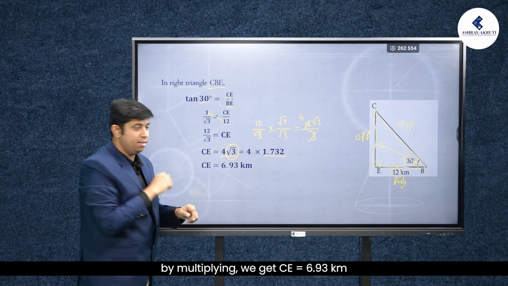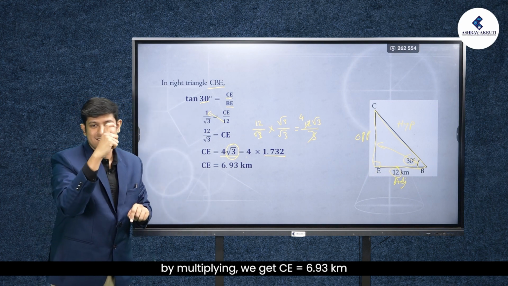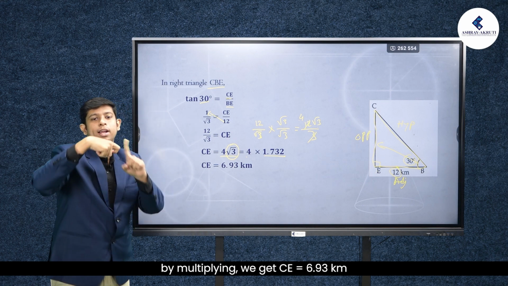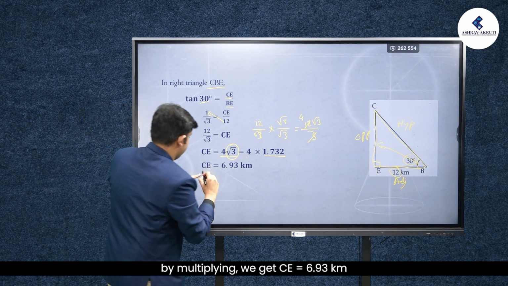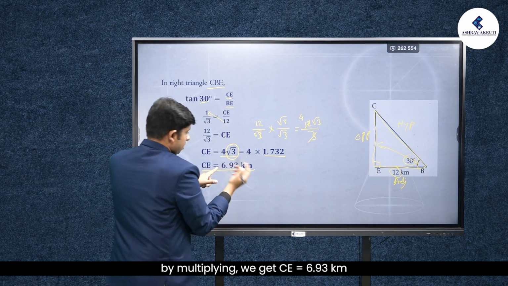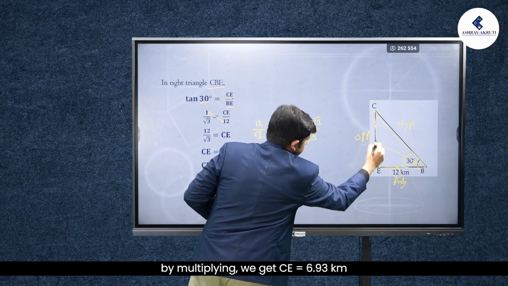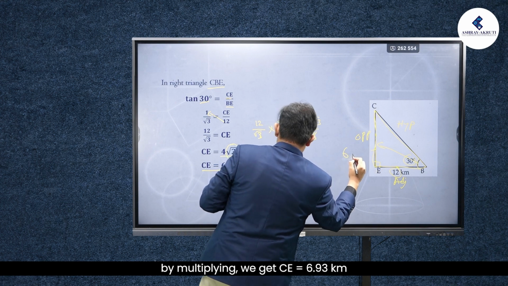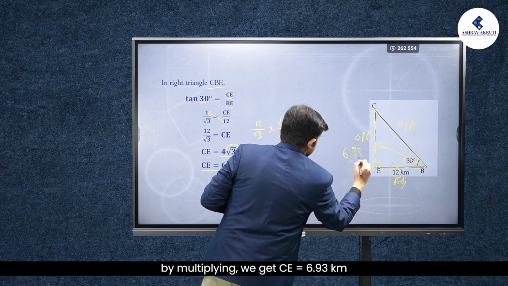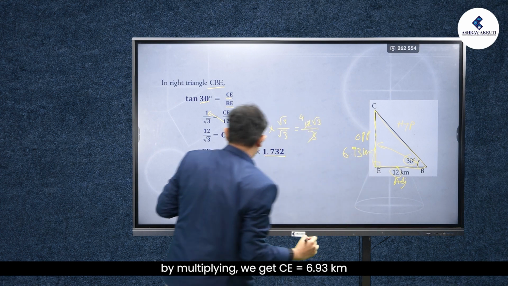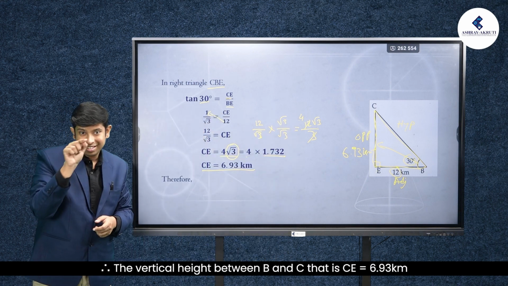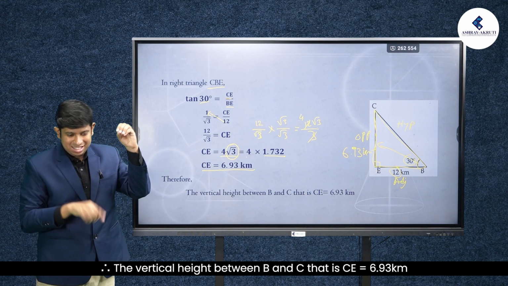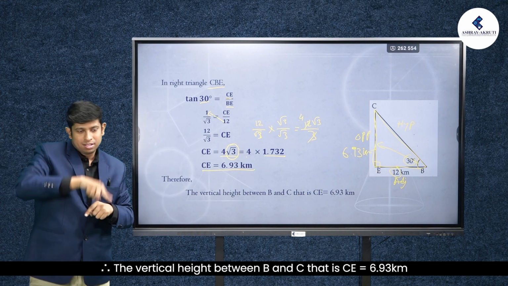By multiplying we get CE is equal to 6.93 kilometer. Therefore, the vertical height between B and C, that is CE, is equal to 6.93 kilometer.